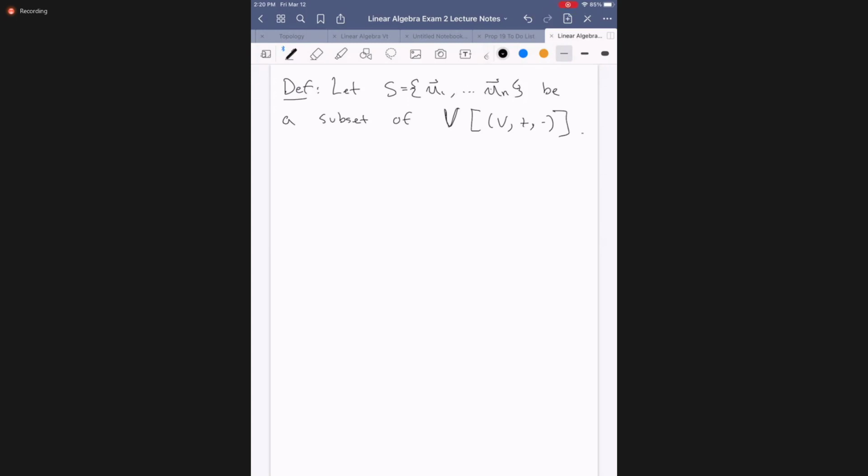Okay, so let's take the subset. The set of all possible linear combinations of S is called the spanning set of V, or of the vector space.